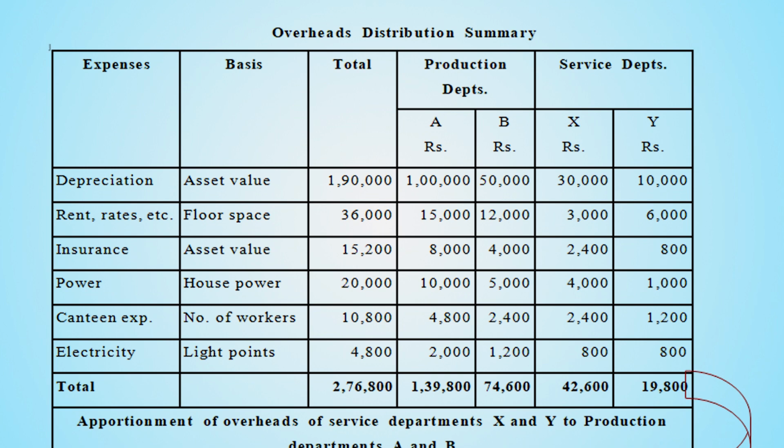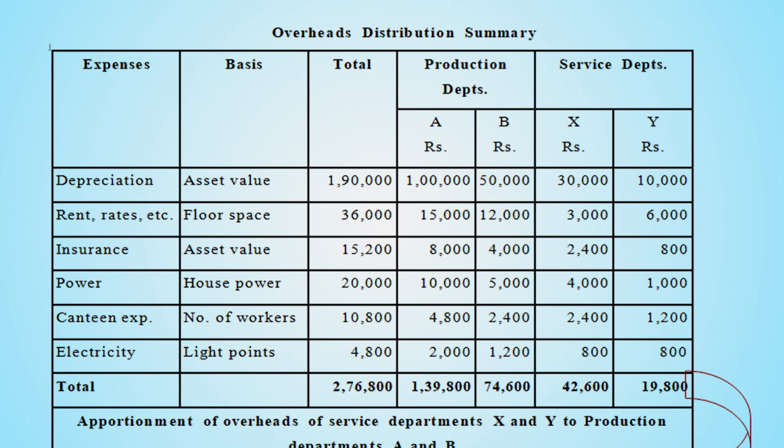Next item of expense is rent, rates and taxes. Base for allocation here is floor space. Amount given is rupees 36,000. The allocation for production department A comes to rupees 15,000 and for B it comes to rupees 12,000. For service department X it is rupees 3,000 and for service department Y it is rupees 6,000.